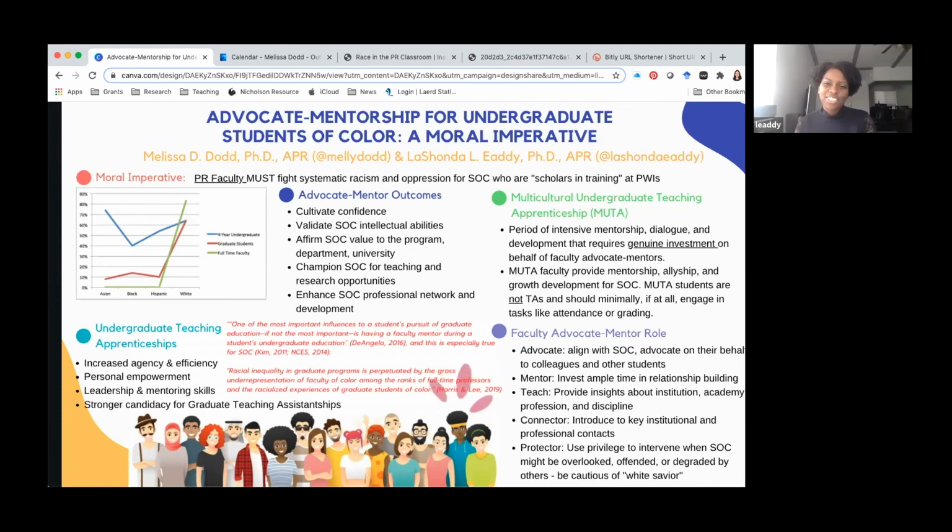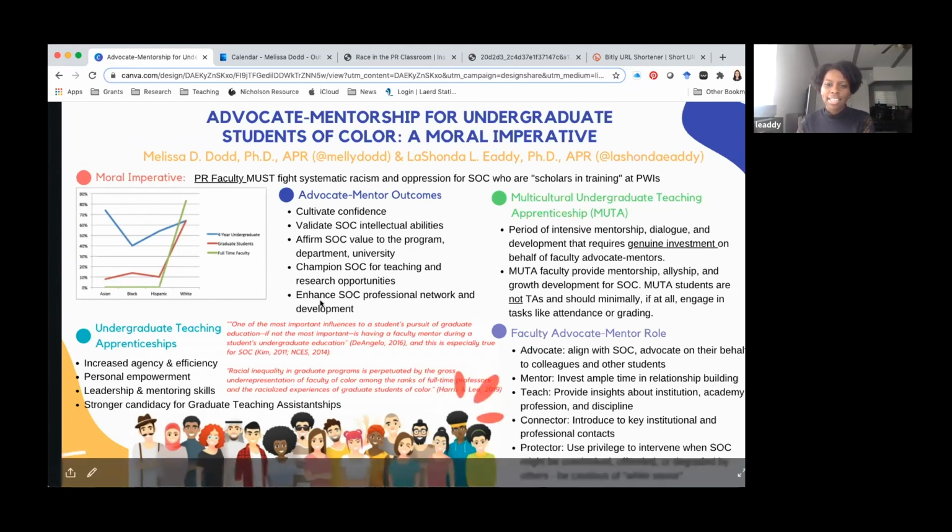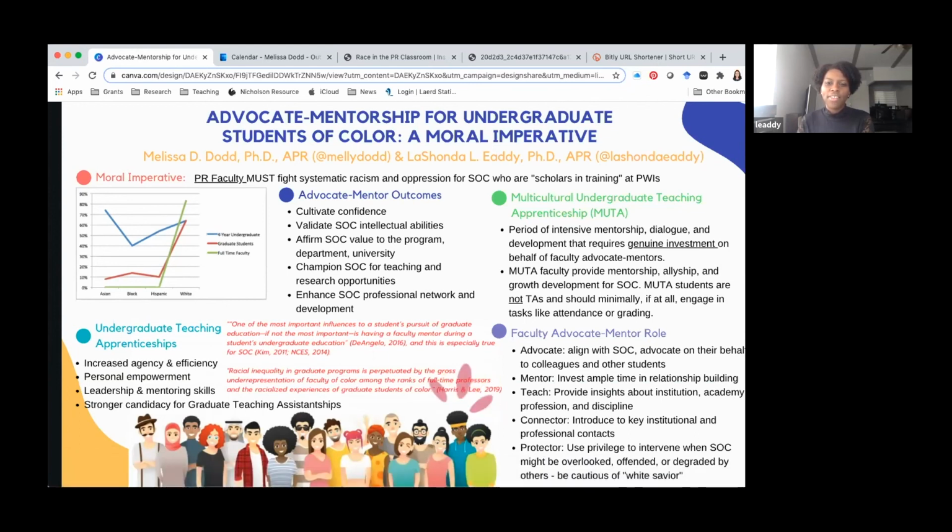Yes, thank you. And to continue to talk about the program, as Melissa has already stated, it's very, very important to emphasize that it is an apprenticeship versus just a normal assistantship. And so because that is so important, one of the things that we need to emphasize about it is that it is mentorship and on a very intense level.